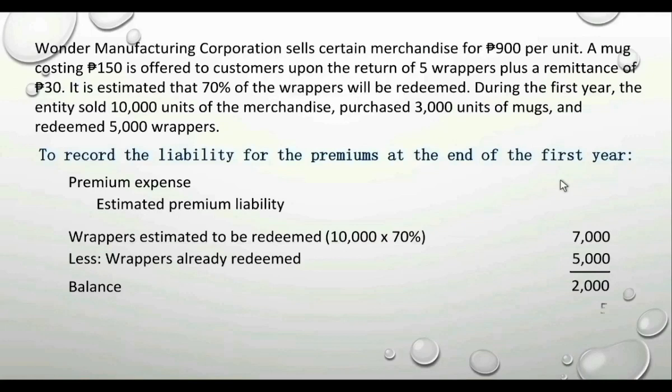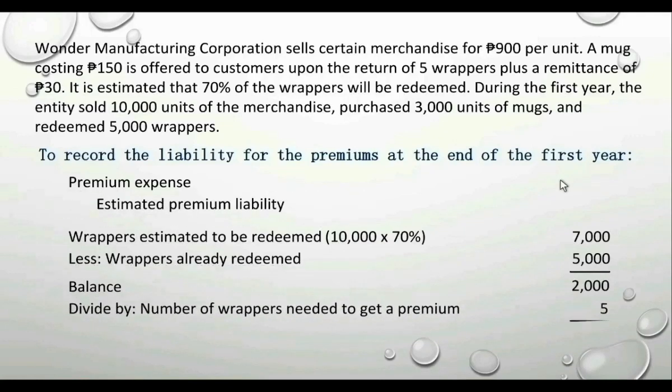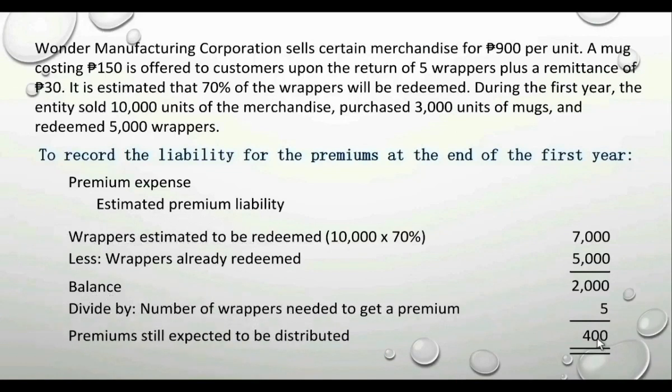Since 5 wrappers are required in exchange for 1 premium or mug, 400 mugs are still expected to be distributed to the customers in the future. 400 mugs multiplied by the net cost of 120 pesos.